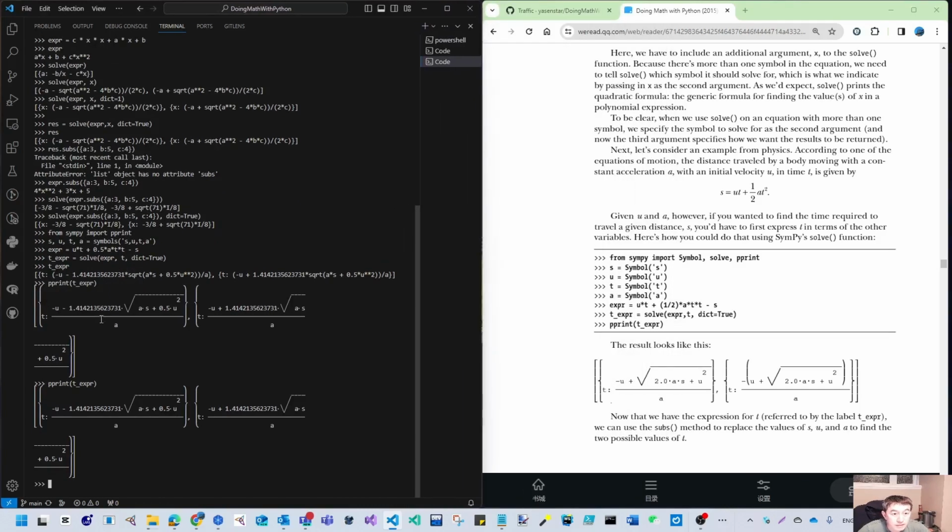So now at least we can see from the first one, t is minus u, here it is 1.414 times, 0.5 u squared over 2a. So it looks like a little different from what we got. So let's see what's wrong. I don't think so. Express t.